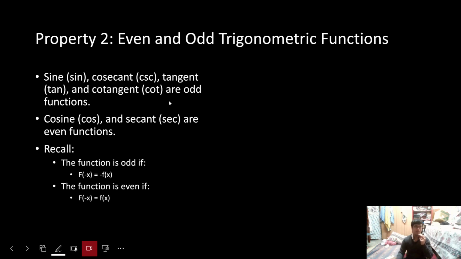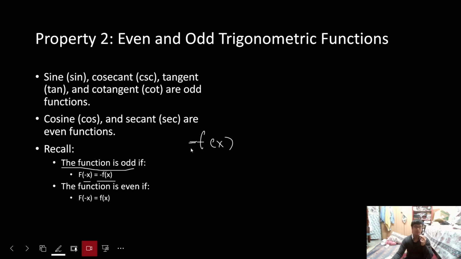Okay? And here, let's have a short recall again. The function is odd if when we substitute negative x in the function, all terms change their sign, or we call it negative f of x.